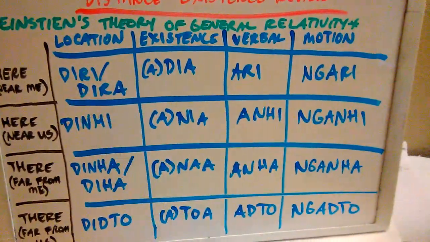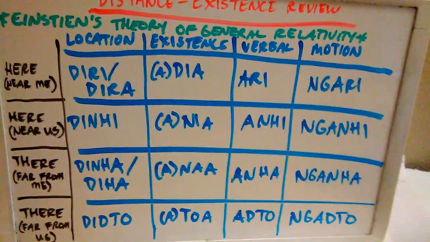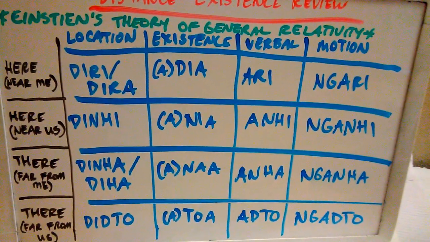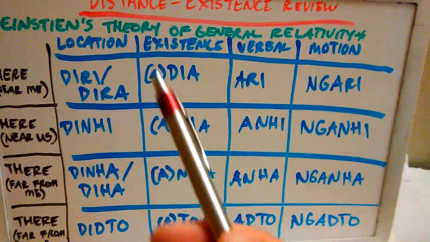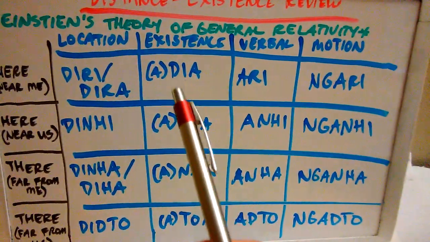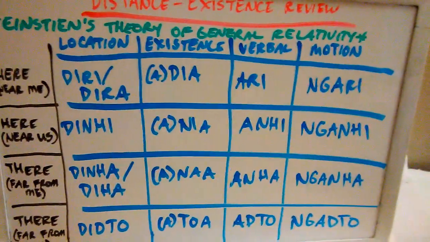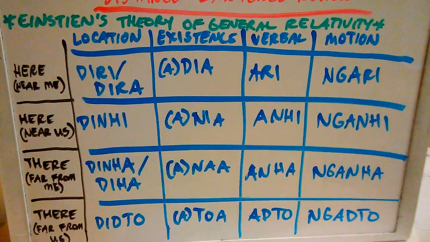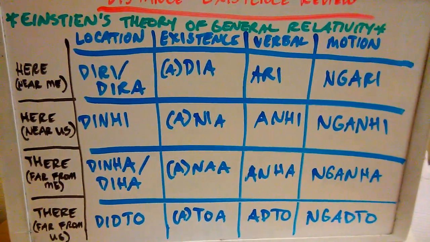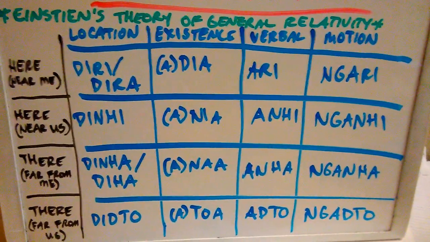And of course, we have our location, whether something is just existing somewhere or to be placed somewhere, right? Existence: the difference between location and existence is that existence just exists. It does not do anything. It does not have any action, right? An object just exists for simply existing.